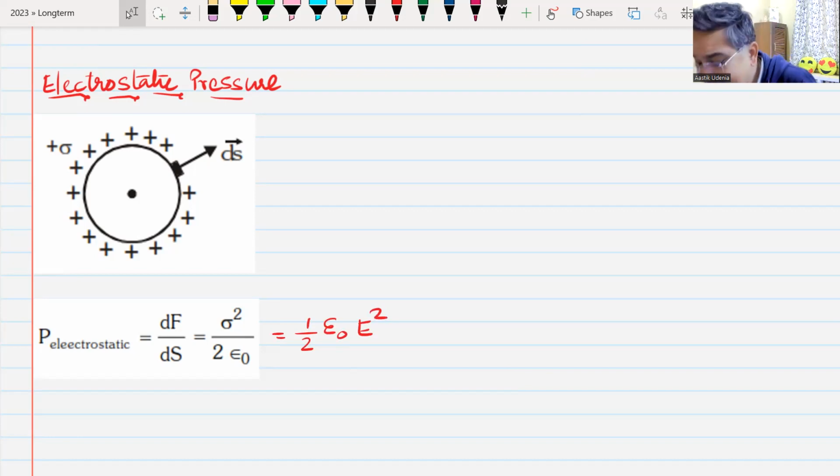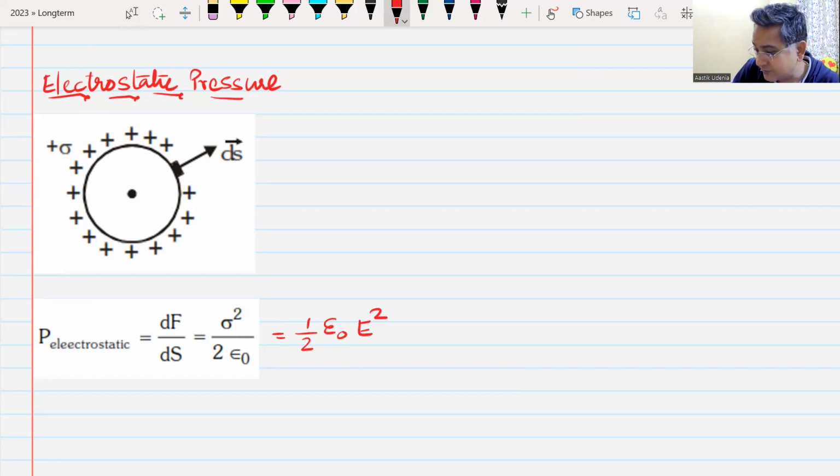So energy density and this pressure have the same formula and same value. Electrostatic pressure on the surface of a conductor is given by this formula.